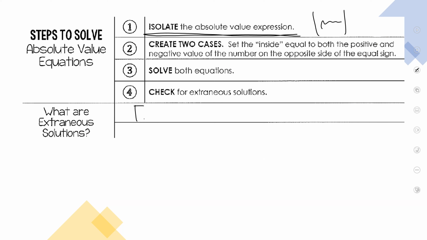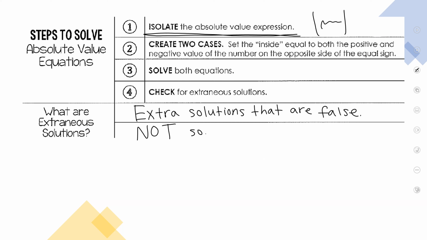They're extra solutions that are false. They are not solutions. So extraneous solutions are not solutions, okay? So you want to check and make sure that all the answers you get are actually your answers. Okay?